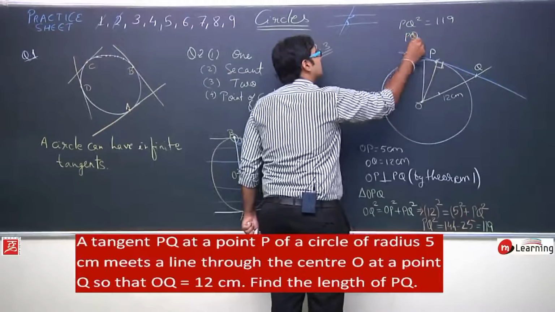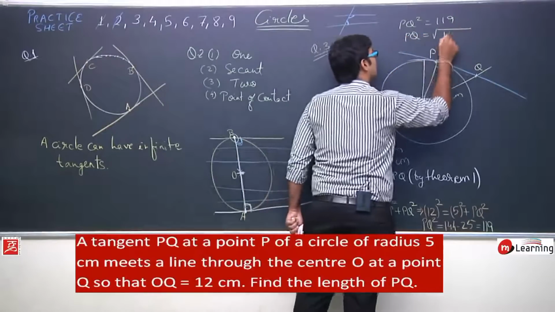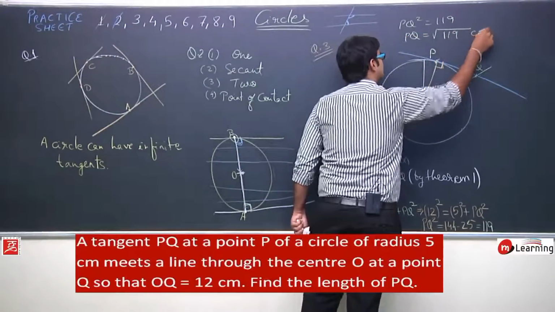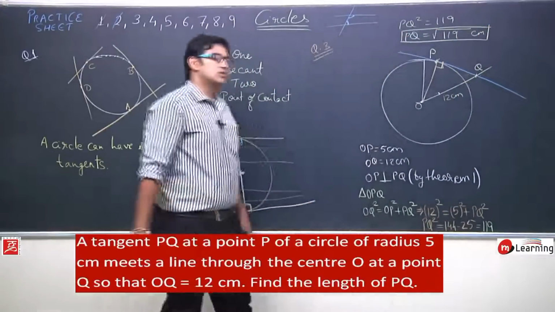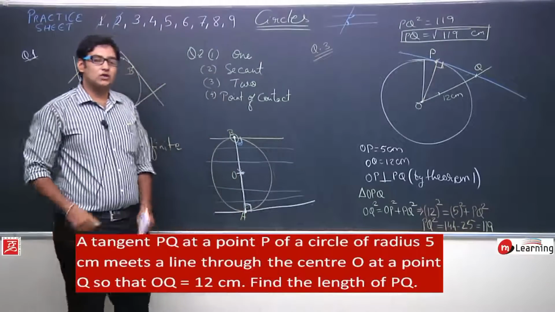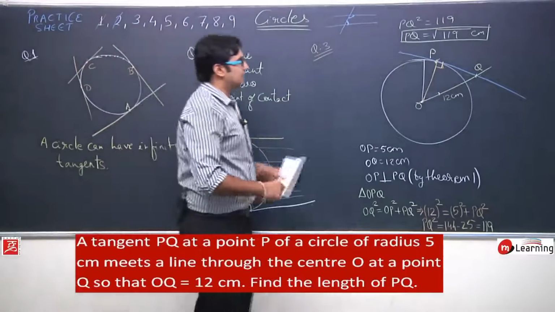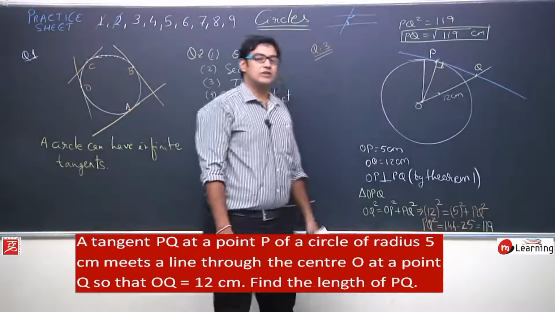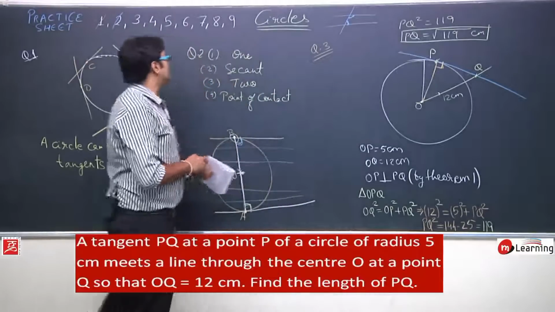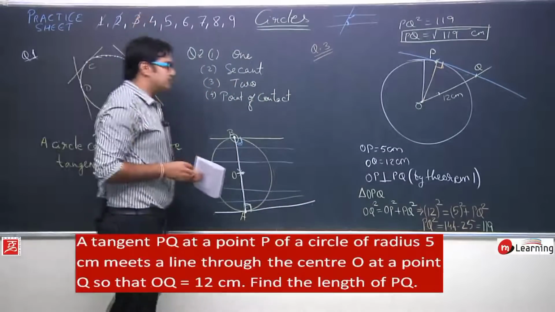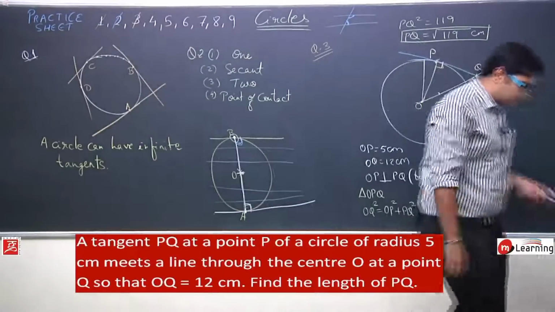So the length of PQ is equal to square root of 119 centimeters. So the answer for this question is square root of 119 centimeters. This is the solution for the third question from the practice sheet. Okay, first note this, then we will continue.